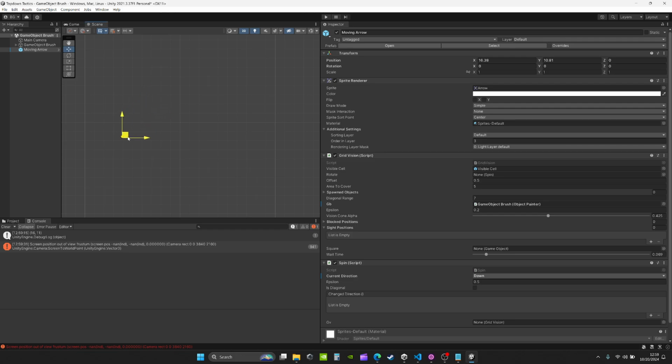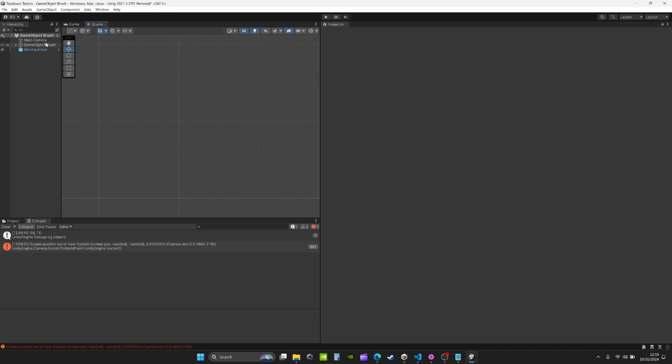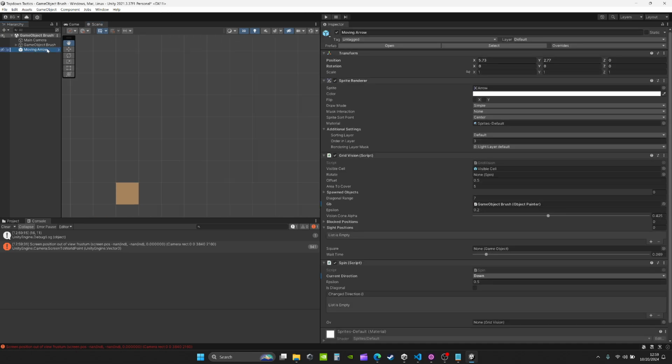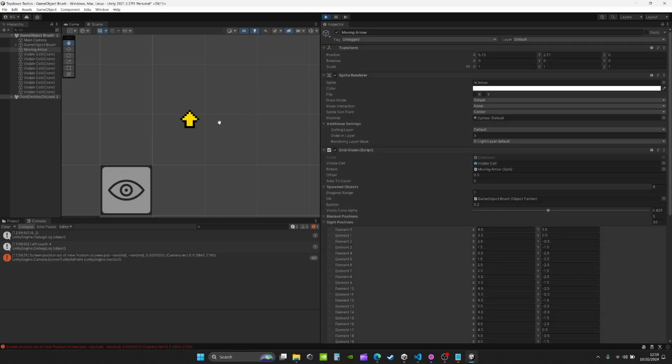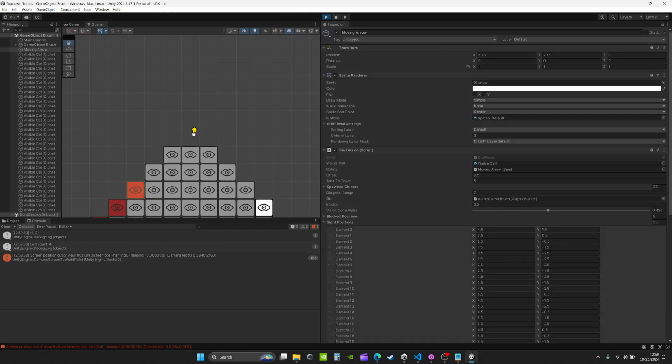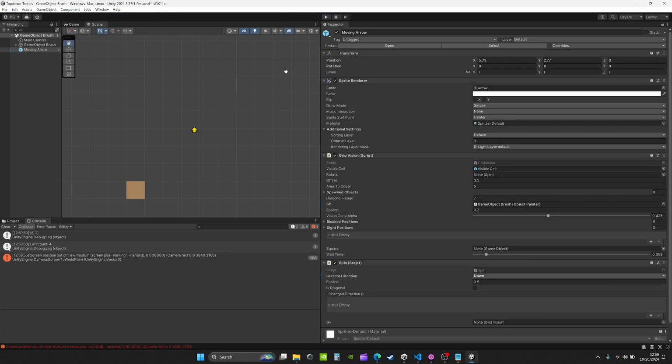Now, one caveat of this is that it does not seem to work if the object's position is negative. So right here it would appear that it would work because the object's x and y are positive.